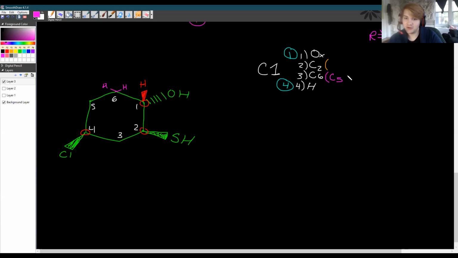C5 and two hydrogens. C2 is bonded to a sulfur, C3, and it has that nice hidden hydrogen for us.